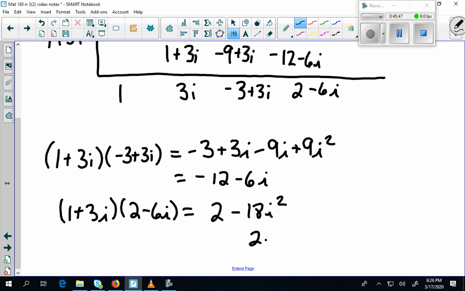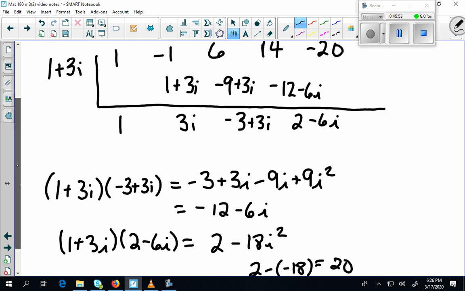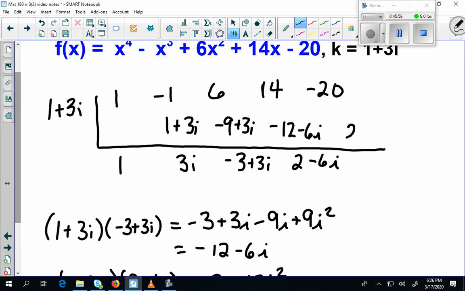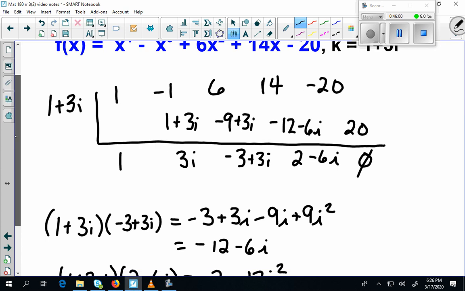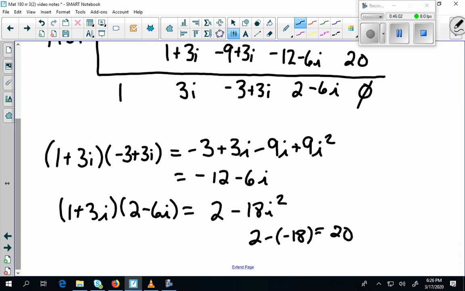So 2 minus negative 18 is 20. Negative 20 plus 20 is 0. So 1 plus 3i is in fact a 0 of that function.